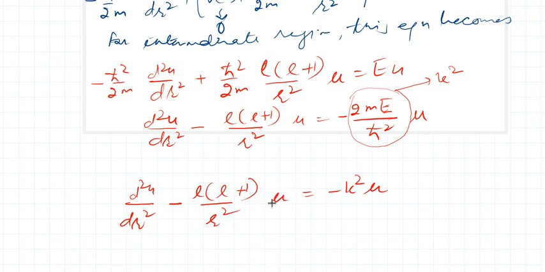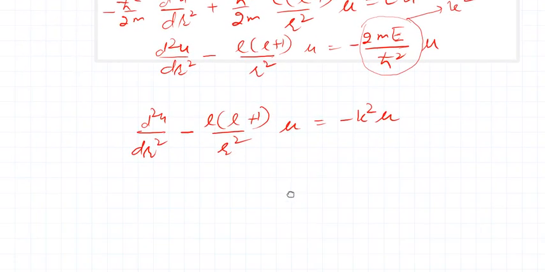Right? As we have discussed for the problem of the hydrogen atom, its solution must be like a linear combination of spherical Bessel functions.